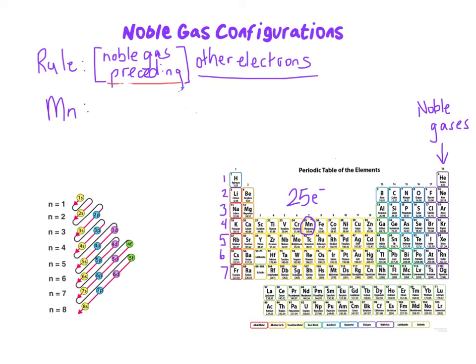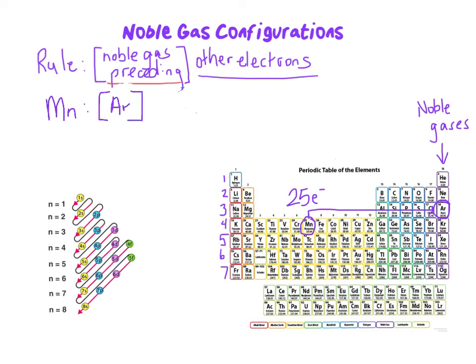Remember, go up a row and over to the noble gases. Well, obviously there's no row right above it, but we are still going to go all the way to the end here, and you'll see that number 18, which is argon, is the noble gas preceding. So I would have argon here.